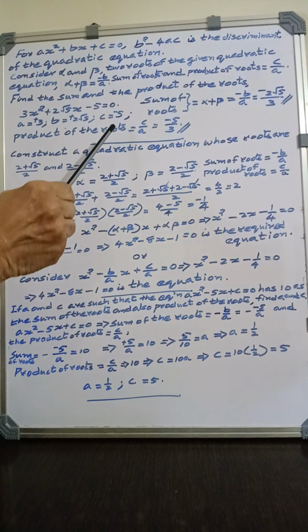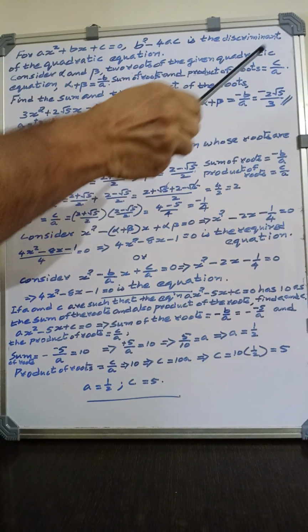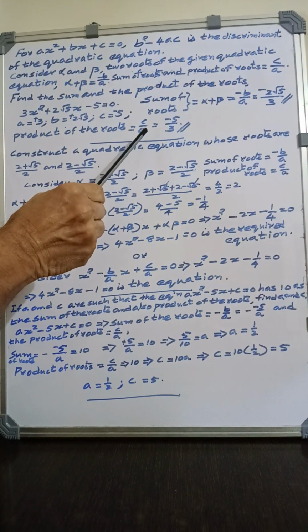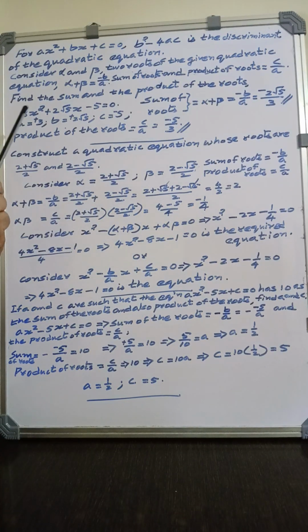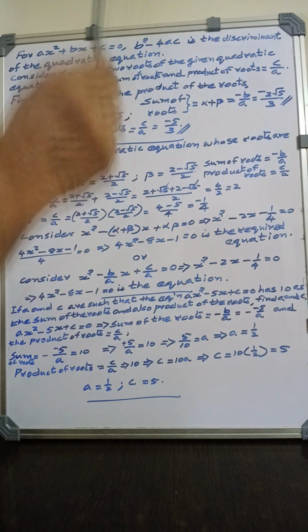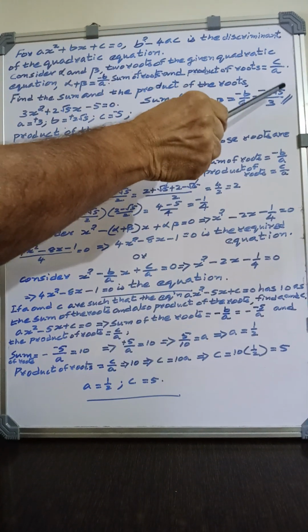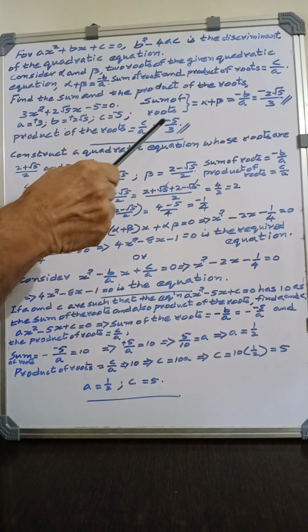Product of the roots: we already discussed that the product of the roots is c/a. In the place of c, −5, and in the place of a, positive 3. Therefore, −5/3. Thus, the sum of the roots is −2√5/3 and the product of the roots is −5/3.